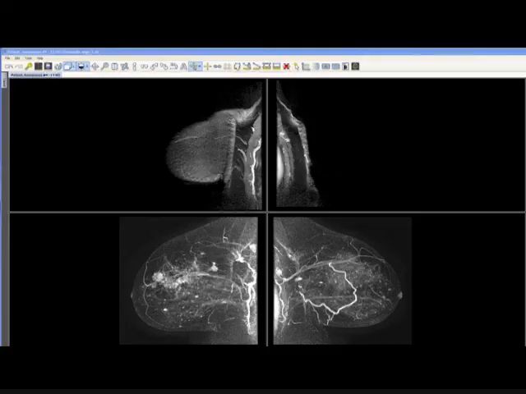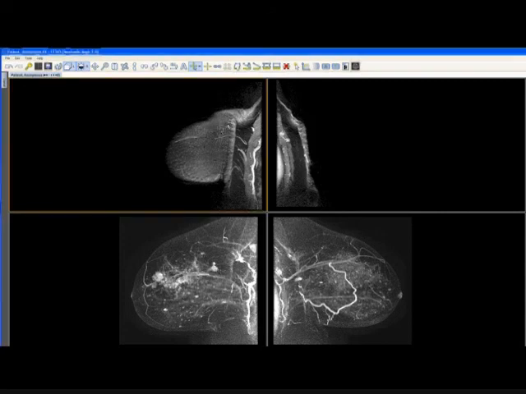Here, following again with our initial overview on the 1-minute subtraction MIPs, a moderate degree of background parenchymal enhancement, fairly symmetrically, but clearly there's a significant amount of asymmetric abnormal mass-like and non-mass-like enhancement within the right breast. Obviously, a very concerning appearance in this patient.